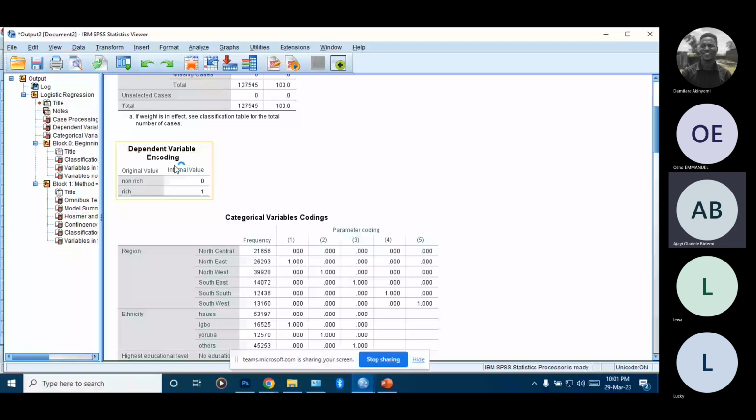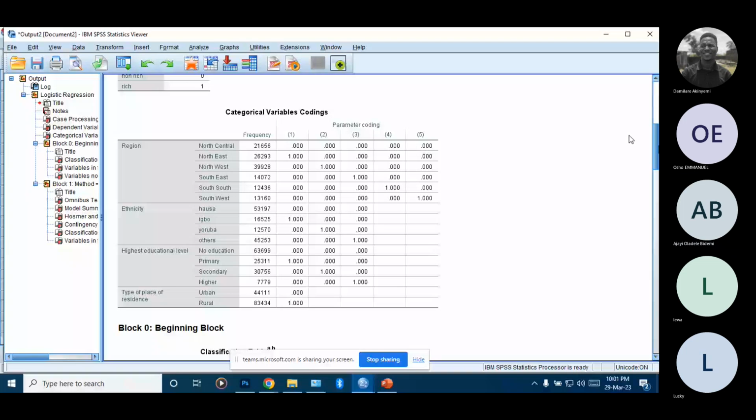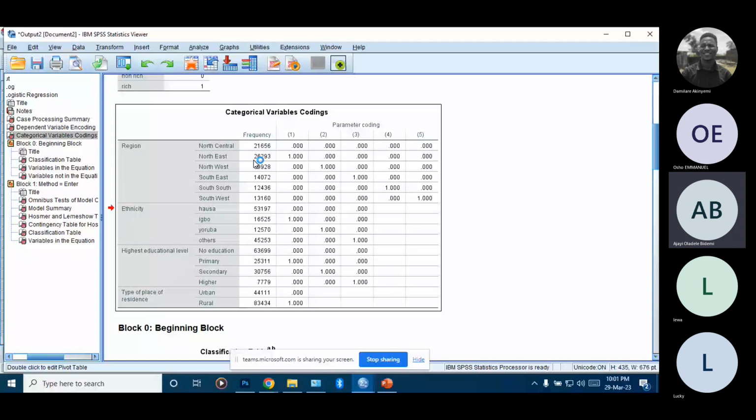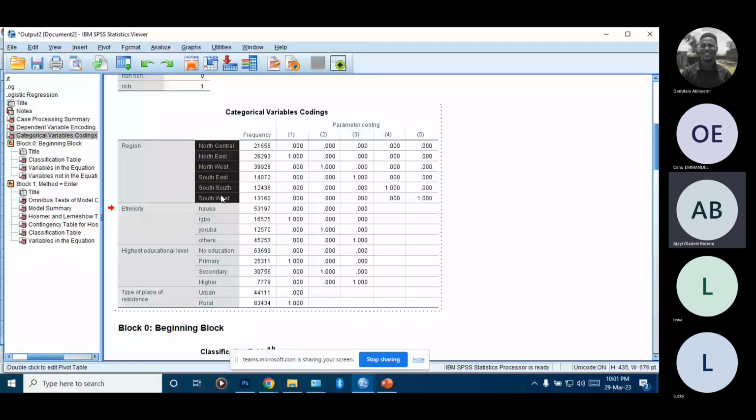Now, let's go to the categorical variables coding. Remember, I said I choose the first category of each variable as my reference category. In region, we have 6 categories: North Central, Northeast, Northwest, Southeast, South-South, and Southwest.